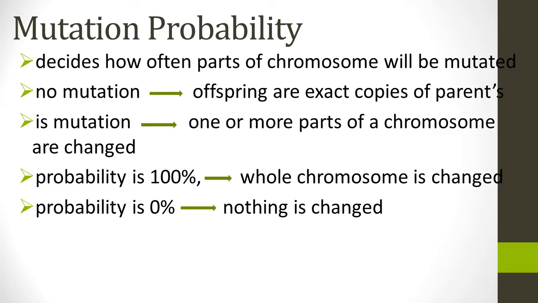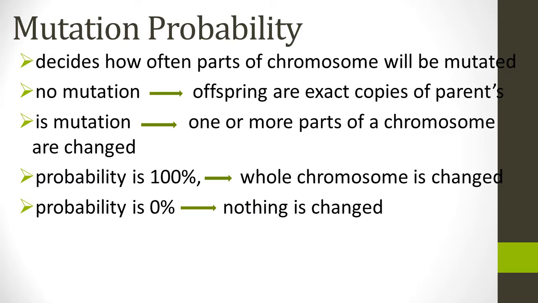The next topic is mutation probability. The important parameter in the mutation technique is the mutation probability. The mutation probability decides how often parts of a chromosome will be mutated. If there is no mutation, offsprings are generated immediately after the crossover technique, meaning directly copied without any change.